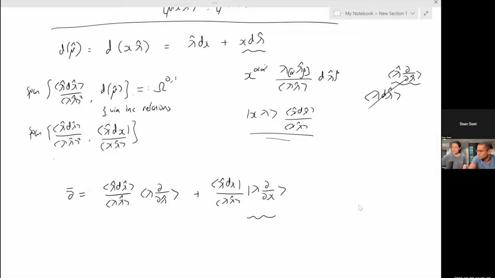Yeah, exactly. It makes a statement about this acting on a component of the one form that we're going to act on. So let's write down the closedness under this operation, and try to recover the equation we had before.